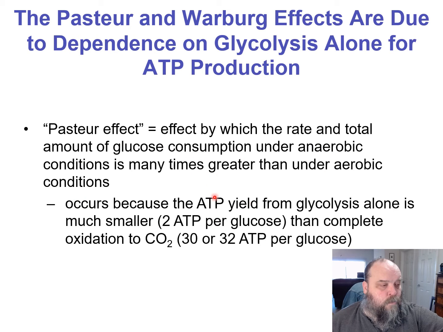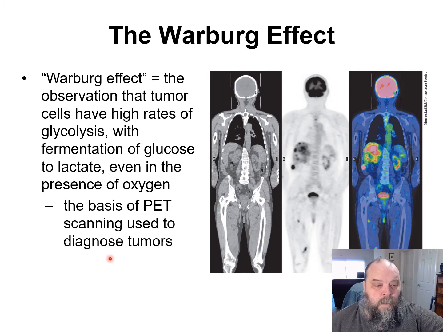But true anaerobes have come about where they can do this shift to lactic acid or alcohol fermentation in such a way that they can actually produce more ATP via their glycolysis than we could under ours. We see that in us, we don't do the Pasteur effect, but we can see what they call the Warburg effect.